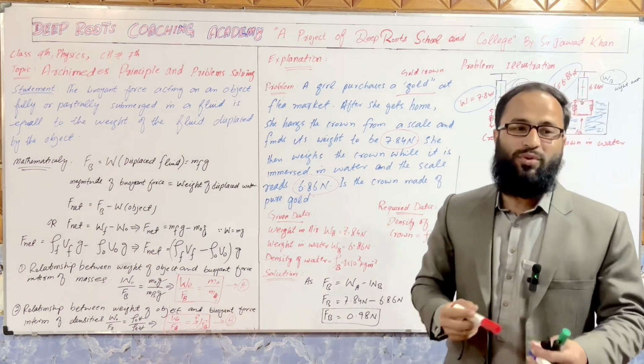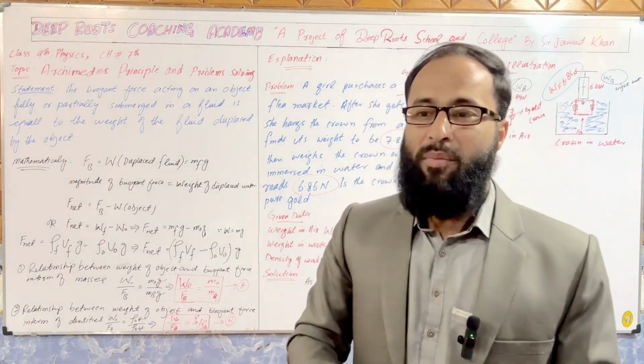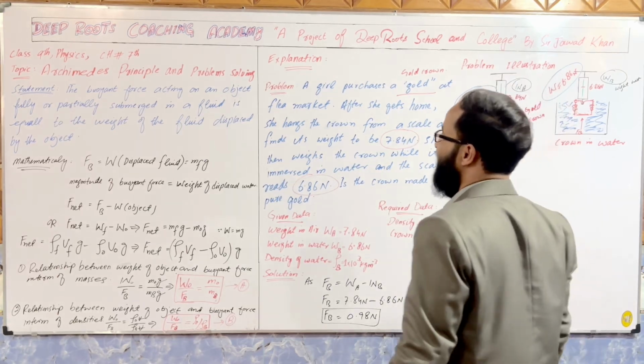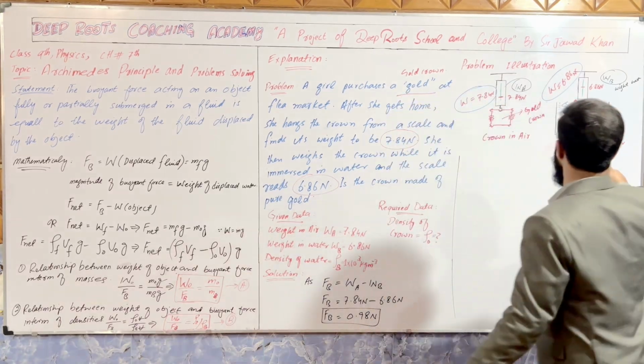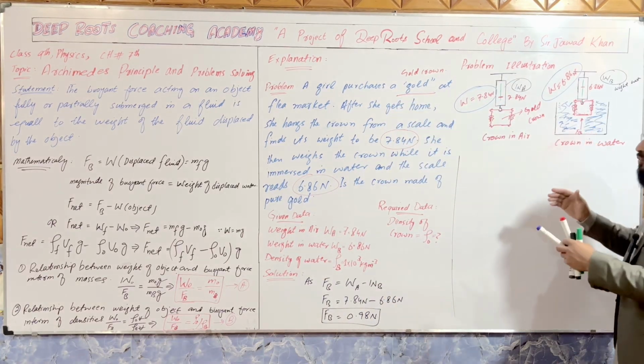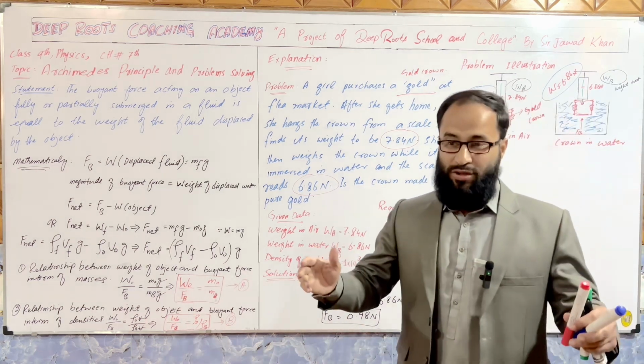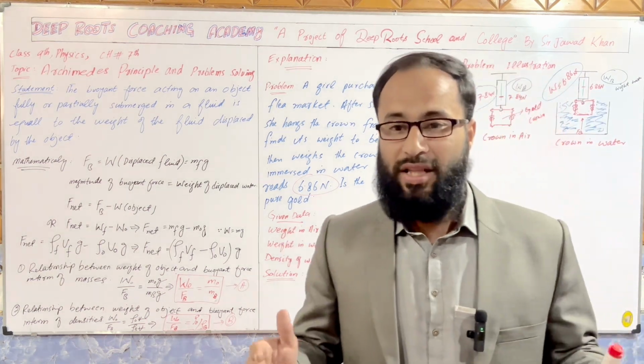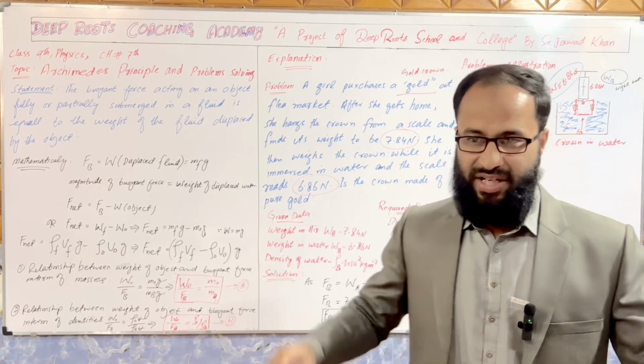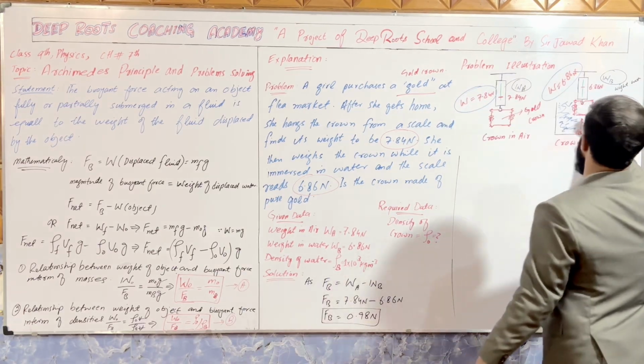That is the buoyant force about which the Archimedes principle is discussing, that this buoyant force will be equal to the weight of the water or the liquid or the fluid displaced by this object, or here the object is now the crown.